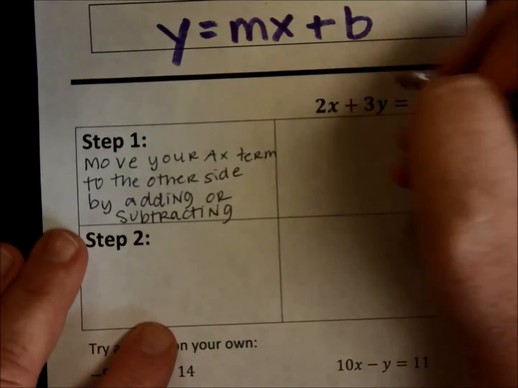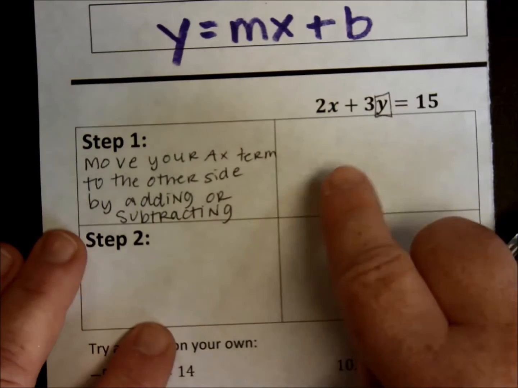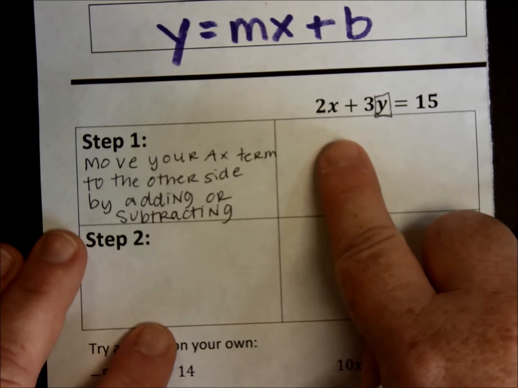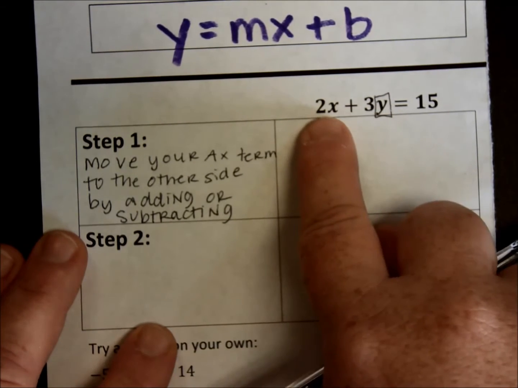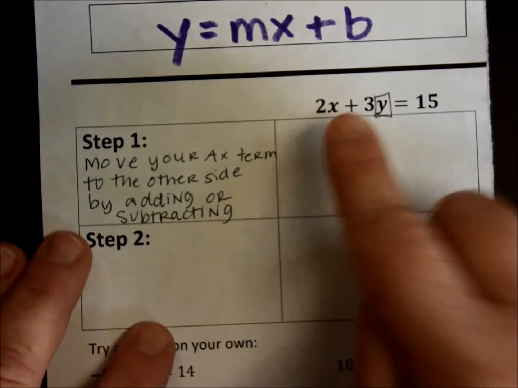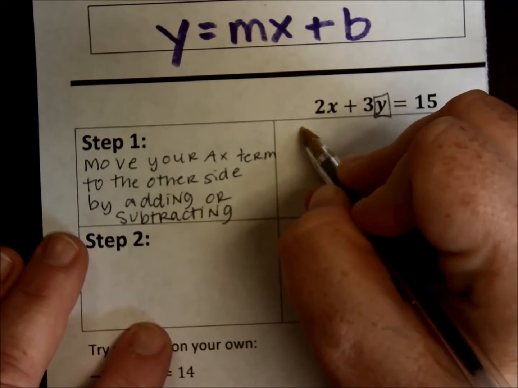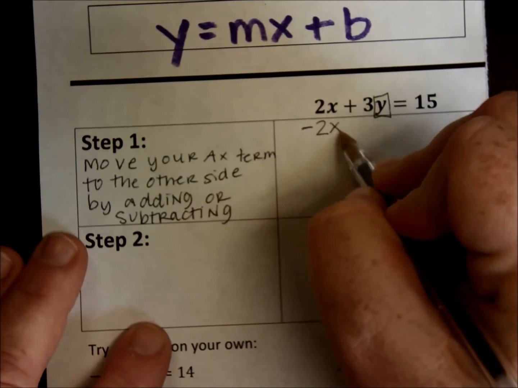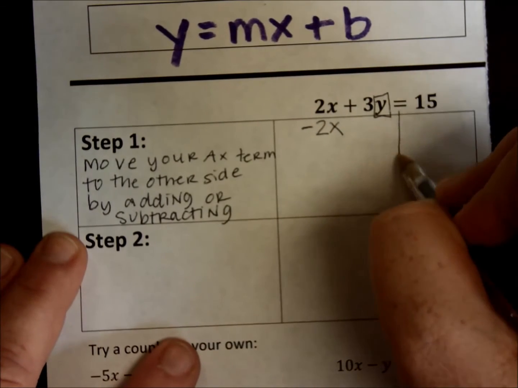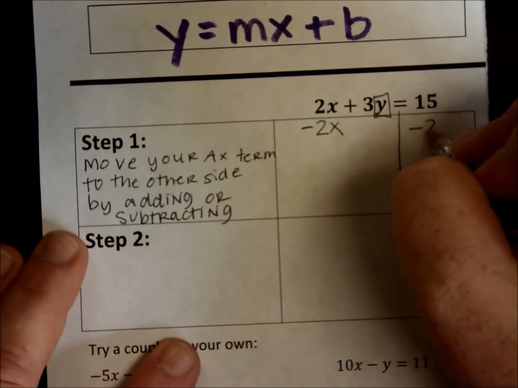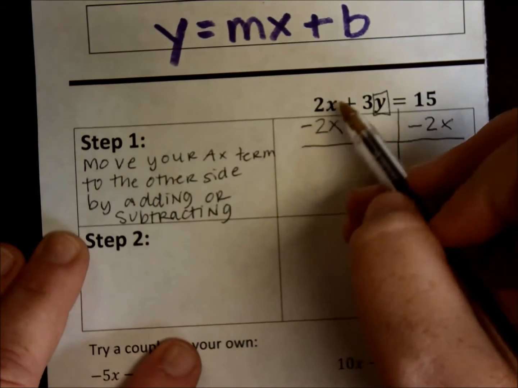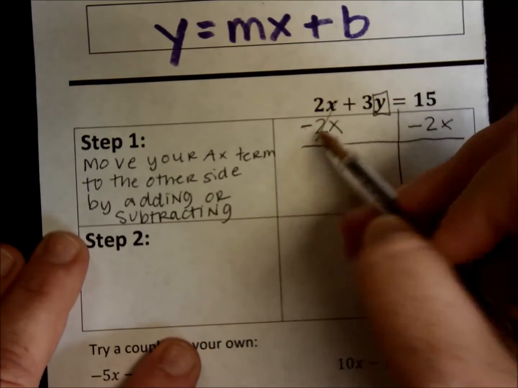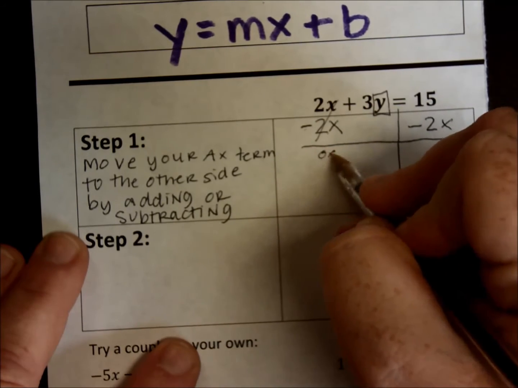Because I know I want y by itself, the first term we always have to move is the 2x. And since the 2x is being added to the y, to get rid of it we have to add or subtract. So to get rid of the 2x, I would subtract, since it's positive, 2x from both sides of my equation. So when I subtract from the left side, I know that 2x minus 2x is 0 x's, so those cancel out.